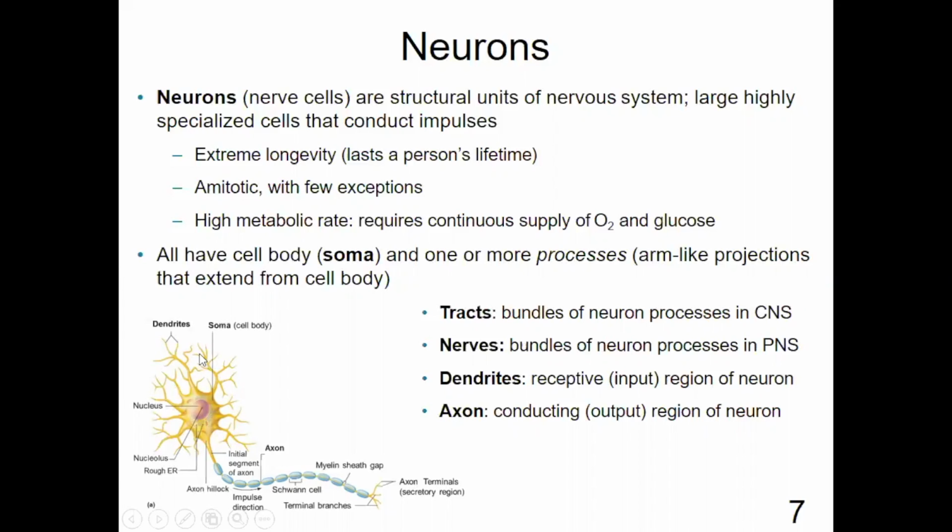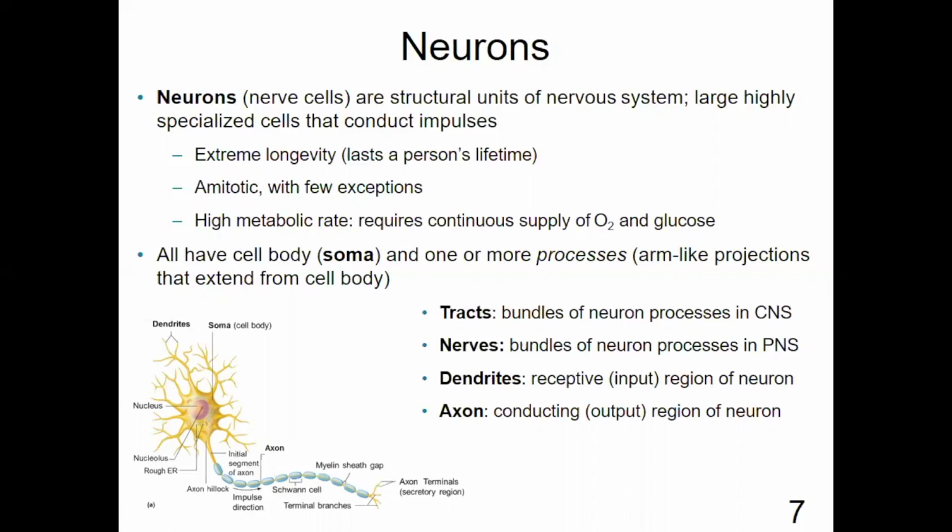Surrounding the soma are these yellow thin branches. These branches or processes are called dendrites. Dendrites are the receptive region of the neuron. Dendrites will receive information from other cells.